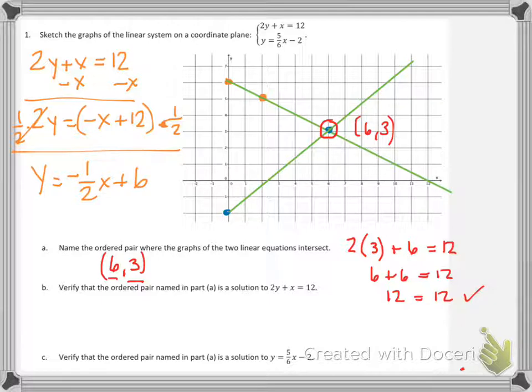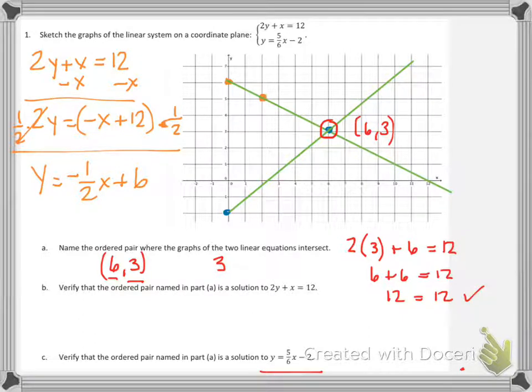And then we're going to do the same thing with the second equation. We're going to plug in what we know. We know that y is 6, so I've got a 6, is equal to 5/6 times x, and let me back up. Y is not 6, y is a 3. So let's put that in there.